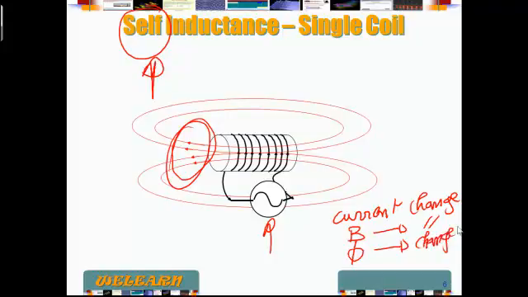What did we learn from Faraday's law? If a coil experiences a change in flux, then there will be an induced EMF in that coil. Now, what does this mean?